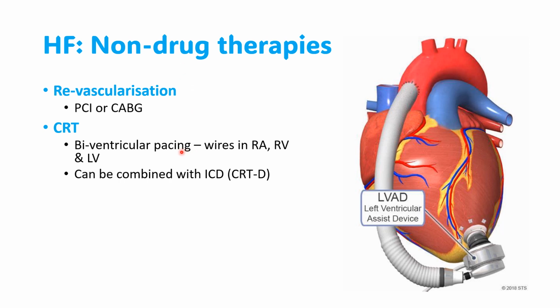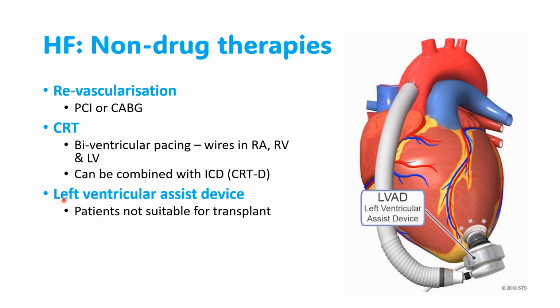And they essentially pace these different chambers. And then within the pacemaker, there could be something called an ICD, which is an implantable cardioverter defibrillator. This can detect any abnormal heart rhythms and deliver a shock to try and reset the heart, which is also very, very useful in heart failure too.